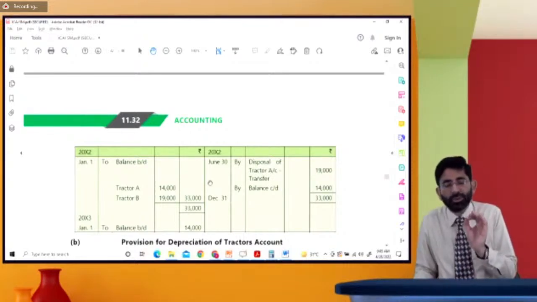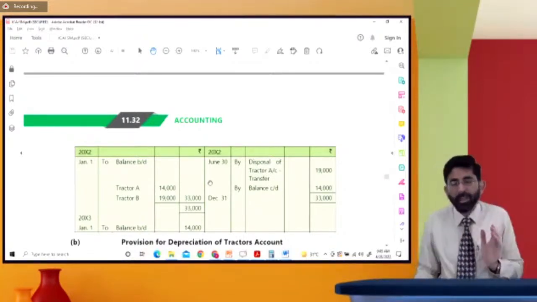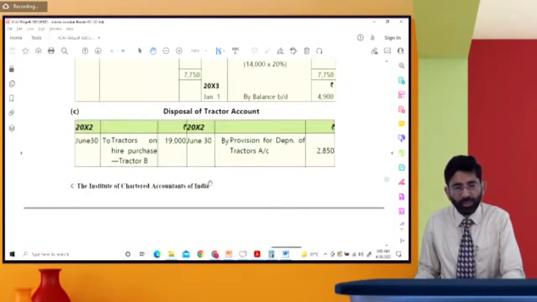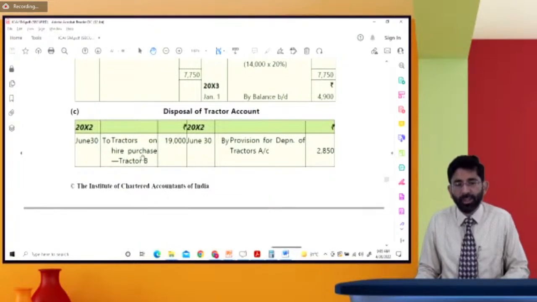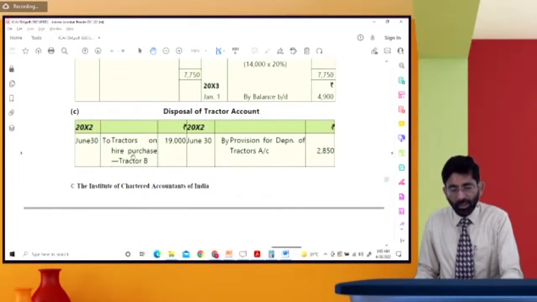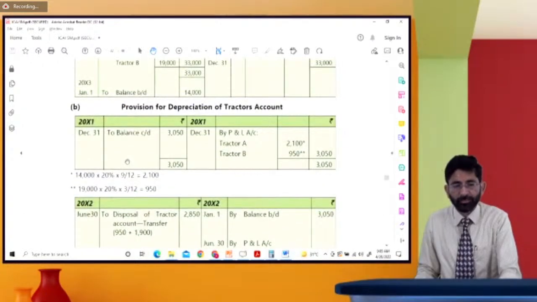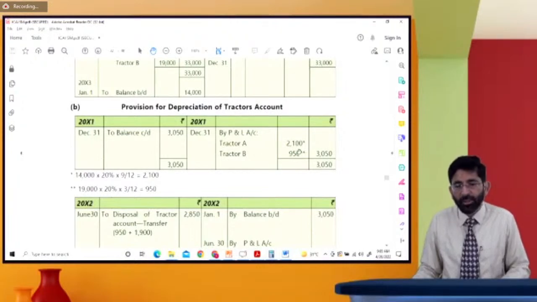The entry will be disposal of tractor account debit to tractor account. So the entry is very simple. Simultaneously, for the disposal of tractor account, we have passed two tractors on hire purchase account, 19,000. Another entry we have to pass is for the provision for depreciation balance as on that date. What is the provision for depreciation balance as on that date? We know that on tractor B, we charged depreciation of 950 in the previous year.